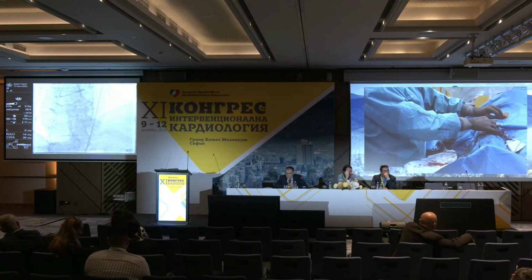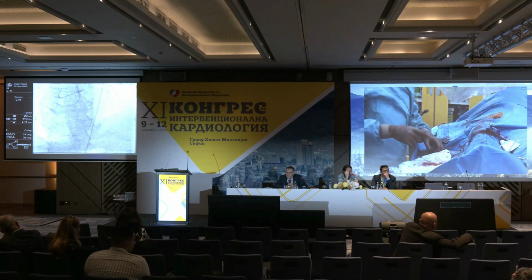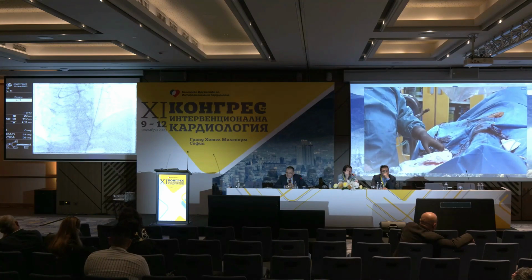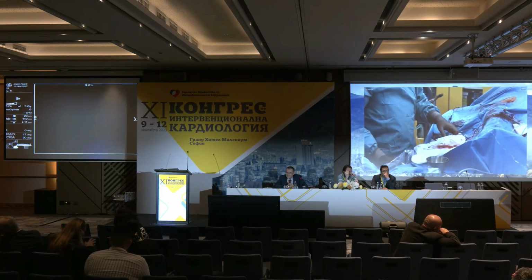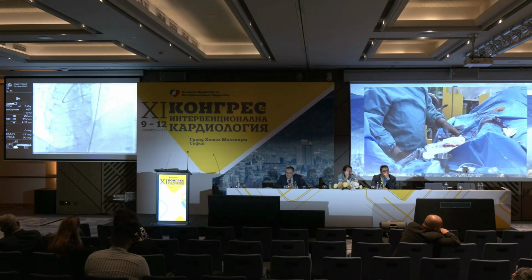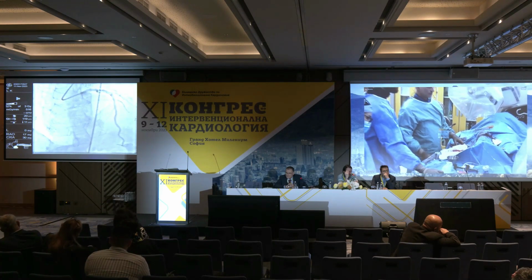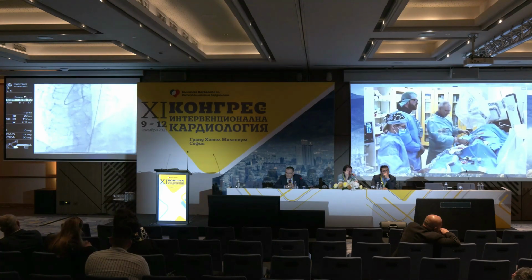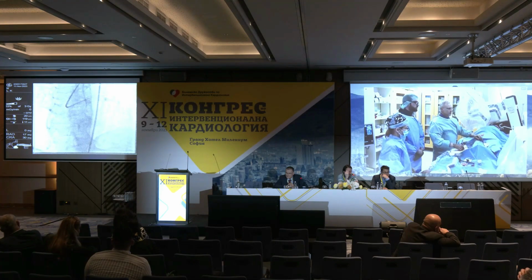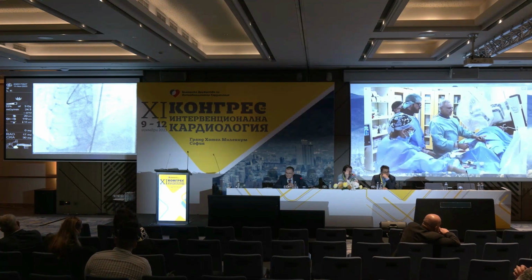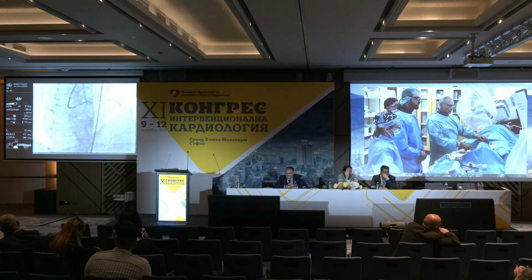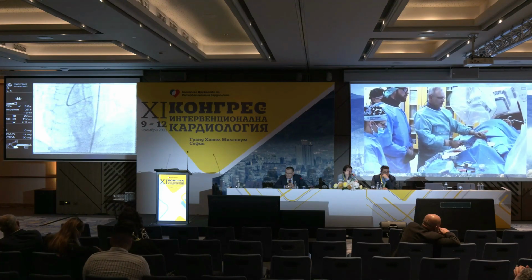Let me insert the guiding a little bit. Let's make a film from the left system, just to control the collateral. There is no issue there. We reinsert the microcatheter, and then we retrieve the retrograde wire.